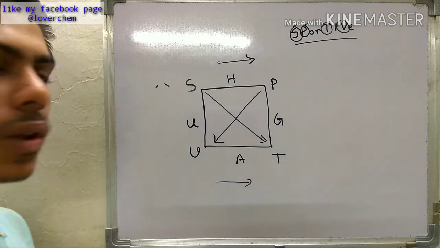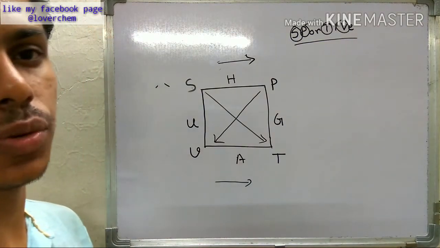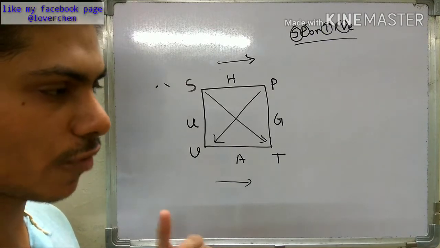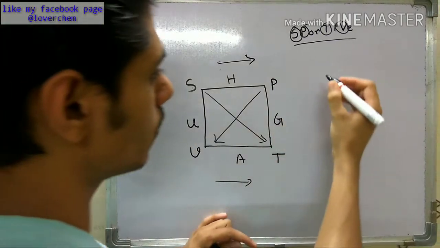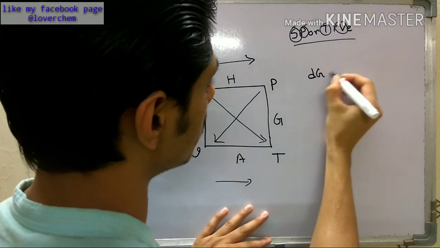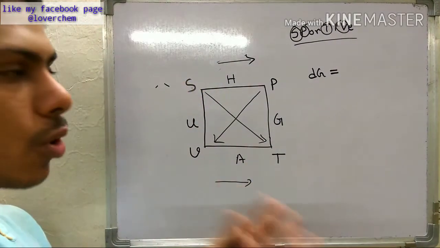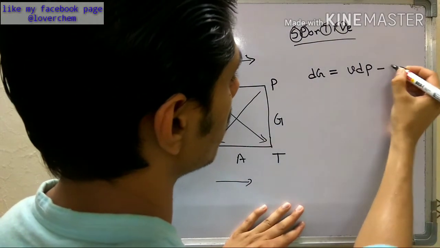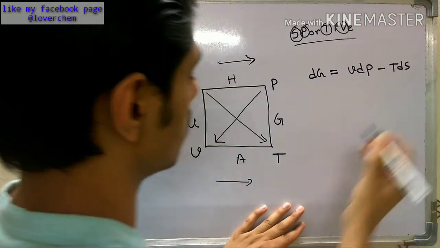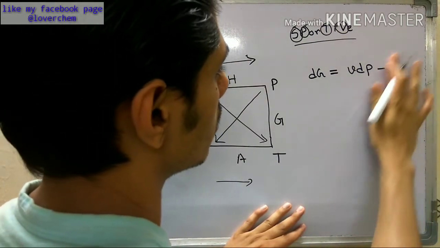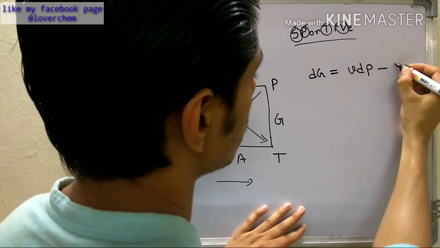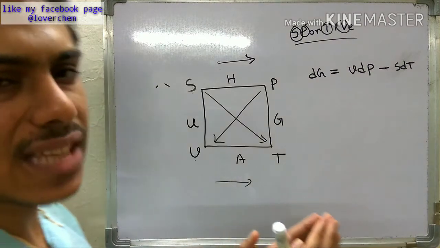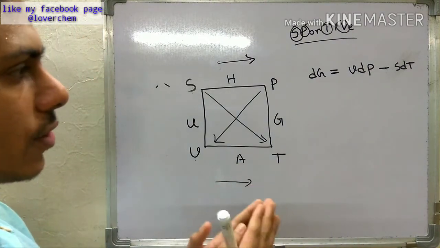Now let us determine another four relationships which are not actually Maxwell relationships, but they are also very important. So first we write for dG. We all know that dG is equal to vdp minus sdt. So in this case, how will you remember the relationship?